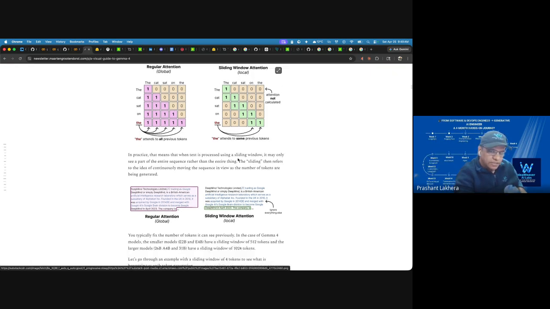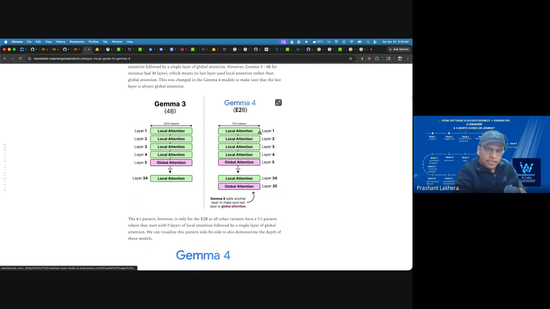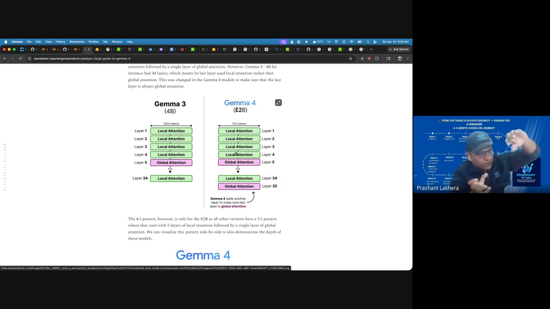Then they have local attention. They split it 5:1. So the first 4 layers will be local attention, where it cannot see all the past tokens, but there will always be one layer which can see all the past tokens. That's why they call it 5:1: of the 5 layers, 4 are local attention, but the 5th layer is always global attention.